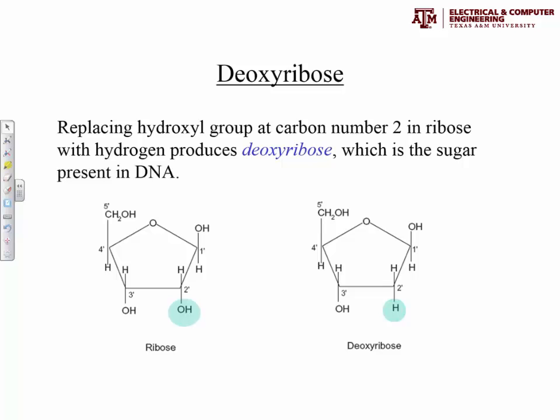Ribose is the 5-carbon sugar, 1, 2, 3, 4, 5, and it has this structure in aqueous solution. Now, you will notice that I have put 1 prime, 2 prime, 3 prime, 4 prime, and 5 prime here. I didn't put 1, 2, 3, 4, 5. There is a reason for this, because most of the times that you're working with ribose or deoxyribose, it is going to be as part of a DNA or RNA molecule.